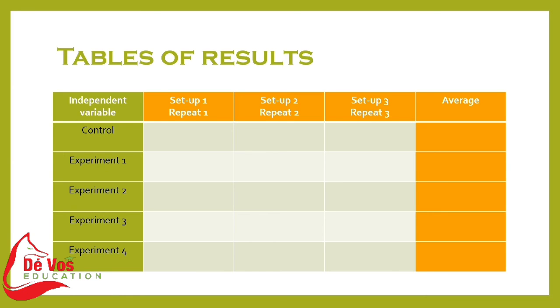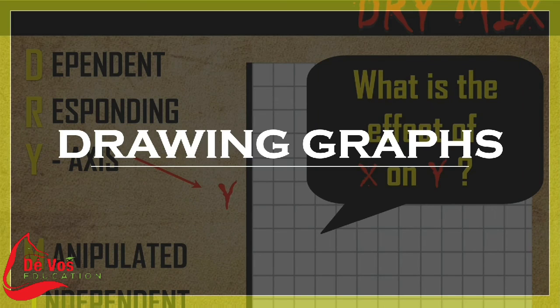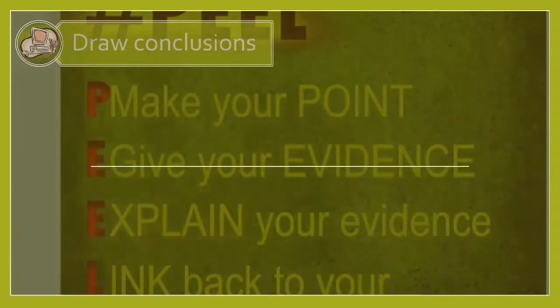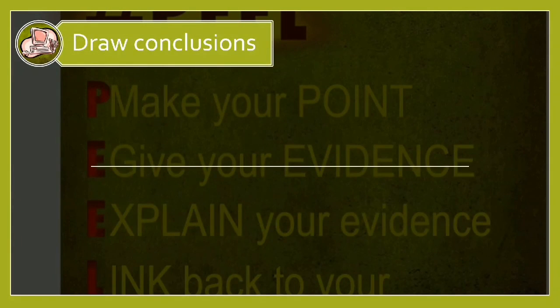These measurements must be recorded in a table of results for comparison, from where specific types of graphs will be drawn that can interpret the information in specific ways. This is part of one of our next sessions because it's quite a complicated process in itself. Once you have your graphs, you can start drawing your conclusions, which will also be discussed in our next edition.